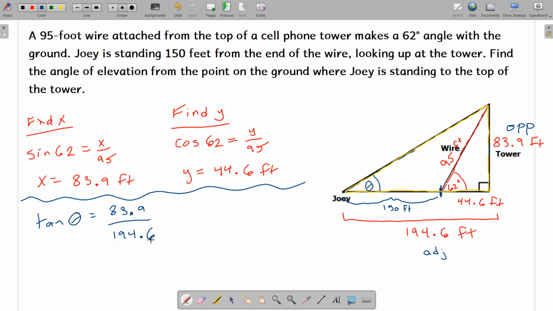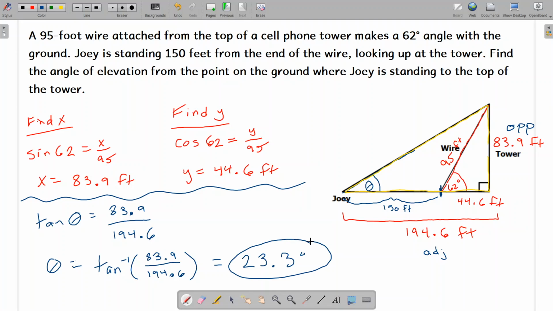And then we need to do inverse tan of both sides. And that's going to give us an angle measurement of 23.3 degrees. So that was a lot of work, but we got there.